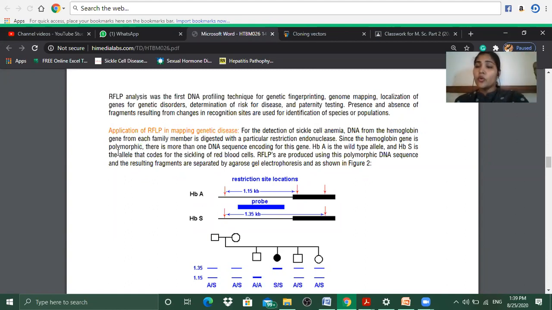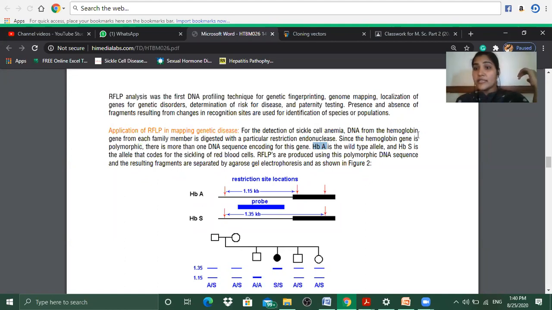So when a person has sickle cell anemia, he will have the hemoglobin gene, but it will be a different form of the hemoglobin gene. Hence it is called polymorphic. Hemoglobin A is the wild type, the one which will regulate normal hemoglobin production.